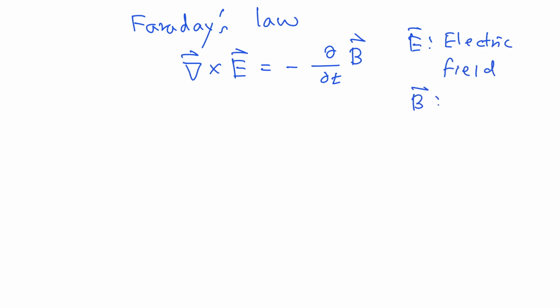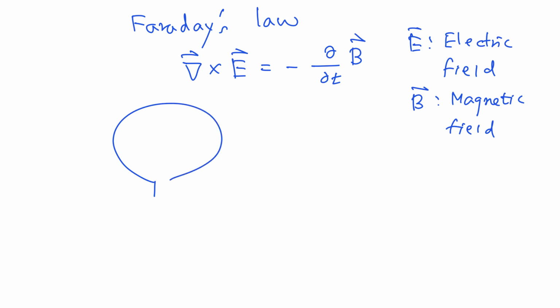B is the magnetic field. So assuming you have the following form of coil. Copper coil. That's what Faraday actually did in 18-something.